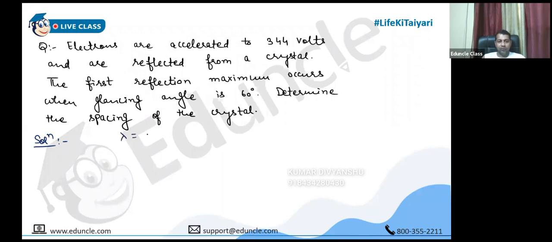Now potential is given, so you can make use of this electron formula, 12.28 by root V angstrom. From here you have to calculate lambda and then of course the spacing.